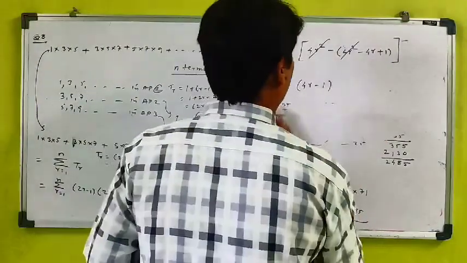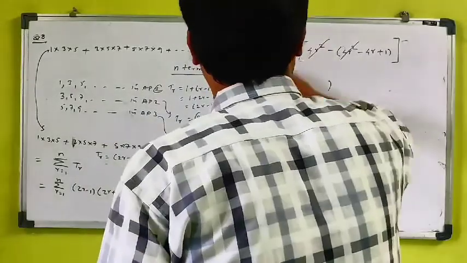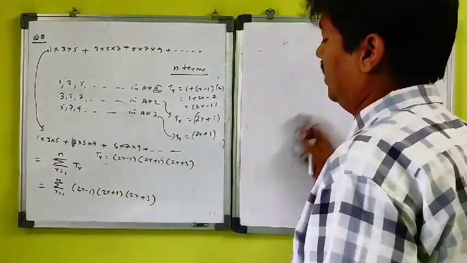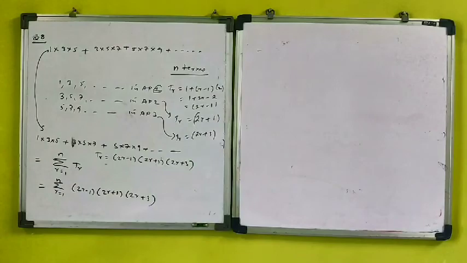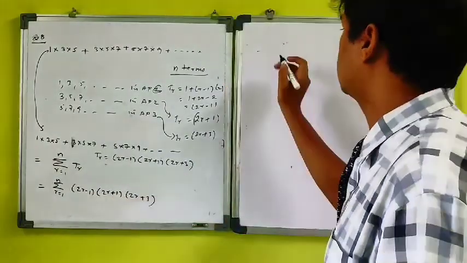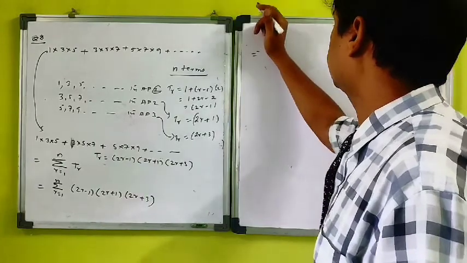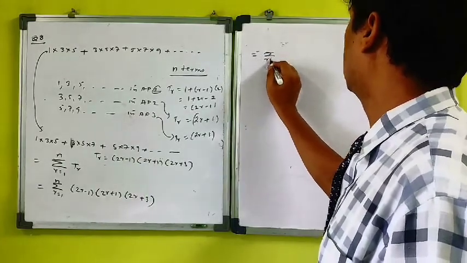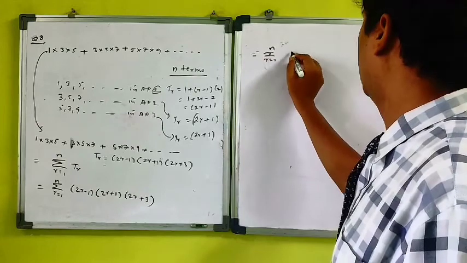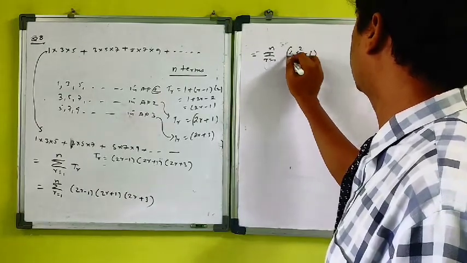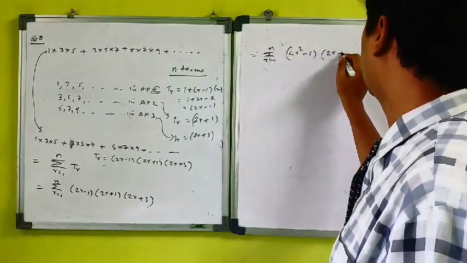That is a very lengthy evaluation, but we can still easily evaluate it. Multiplying the first two, that is sigma r from 1 to n, (4r square minus 1) into (2r plus 3).